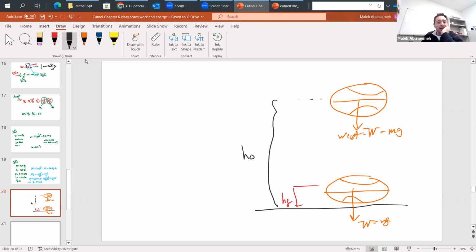So your work done in this case was F cosine theta, let's say cosine theta is 1. So there's going to be your FD, which is your mass times your gravity, because it's gravitational force, times your distance. Your distance is going to be your initial minus your final.